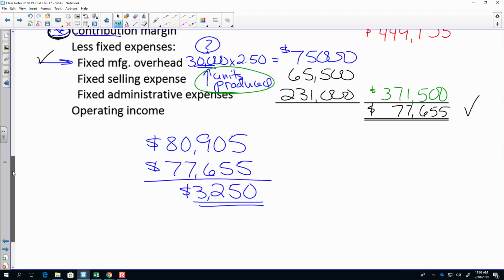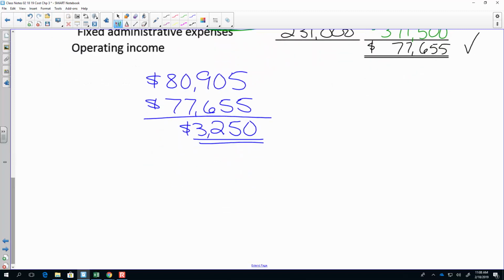I love doing this lesson around Halloween. This is considered a phantom profit. Why is that? Because I'm containing my cost. One of my costs are not fully expensed. Which cost did we say is not fully expensed between the two statements?